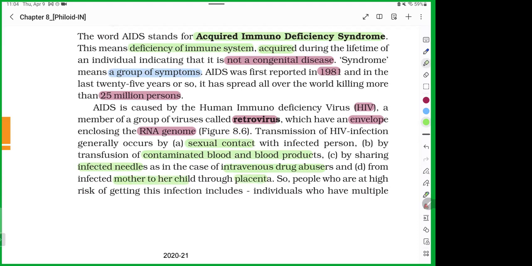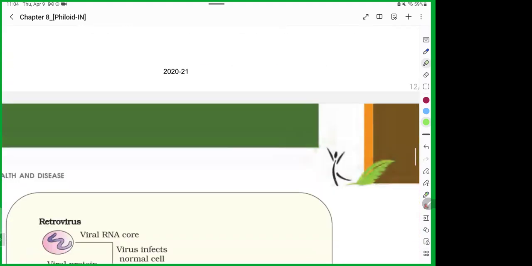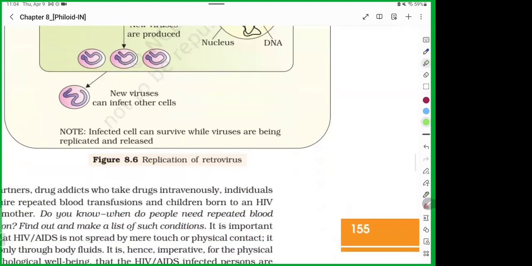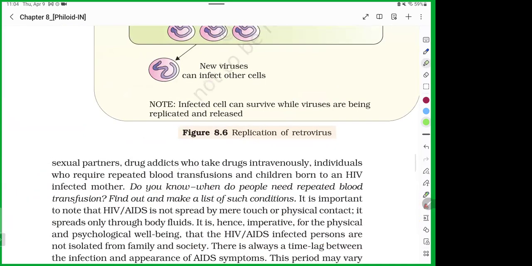Correct? So these people are at higher risk, especially those who have multiple partners, drug addicts who take intravenous drugs, or repeated blood transfusions where maybe one of the blood is infected, or children whose mother is infected. Right?